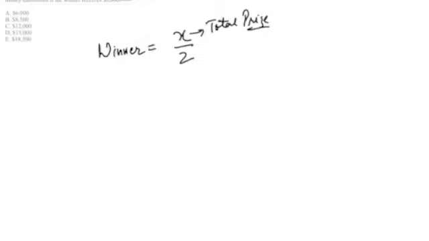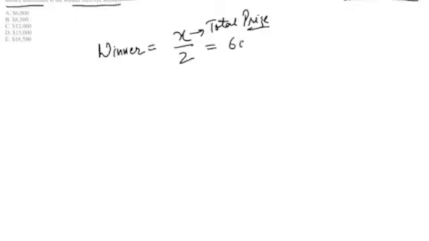One more question. In a writing competition, the first place winner receives half of the prize money. So let's say X is the total prize money, and the winner takes half of it. If you see the last line, what was the total amount of prize money distributed if the winner receives 6,000?